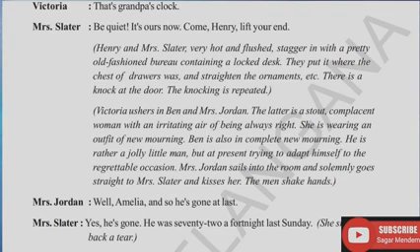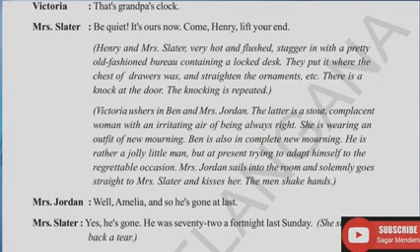Come, Henry, lift your end. Henry and Mrs. Slater, very hot and flushed, stagger in with a pretty old-fashioned bureau containing a locked desk. They put it where the chest of drawers was and straighten the ornaments, etc. There is a knock at the door. The knocking is repeated.